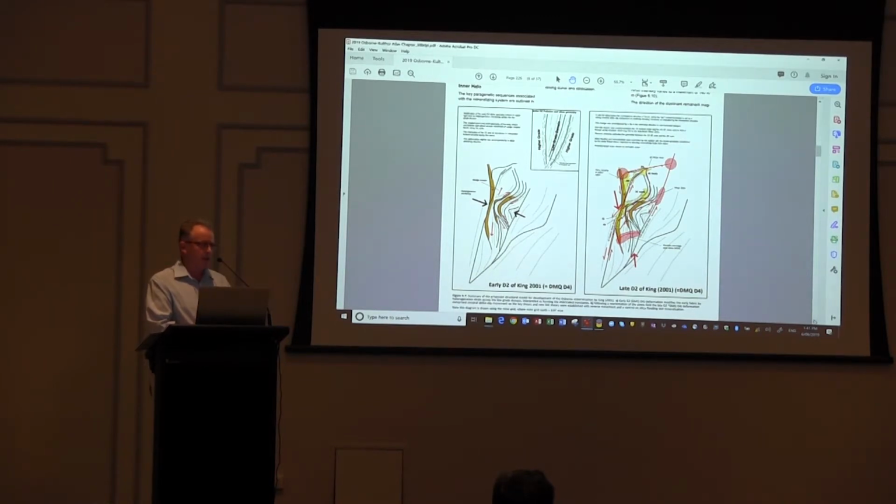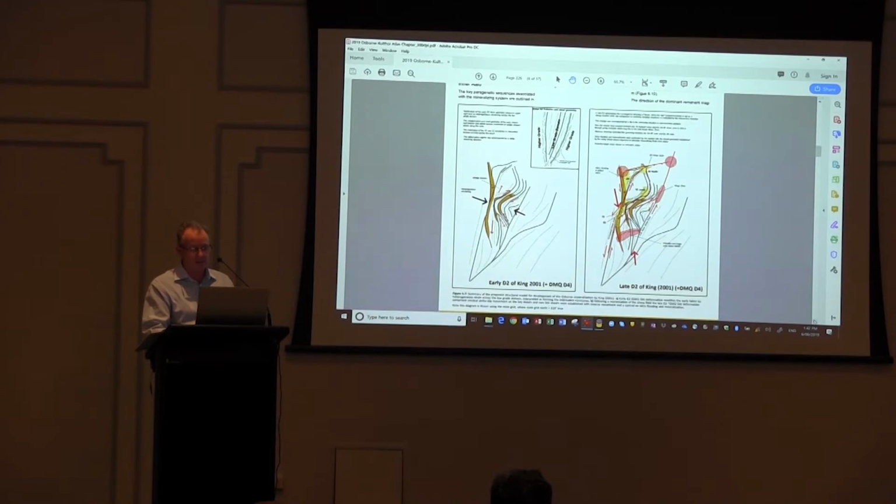When Nick was talking, the structural setting at Ernest Henry reminded me a little bit in that at Osborne I think it's also a case where you have a bend in 2 and 3 dimensions in the fault, and its activation on those faults. And as you'll see from these diagrams, King interprets a change in stress direction as being one of the key reasons that you've localised mineralisation in the dilatant zone.